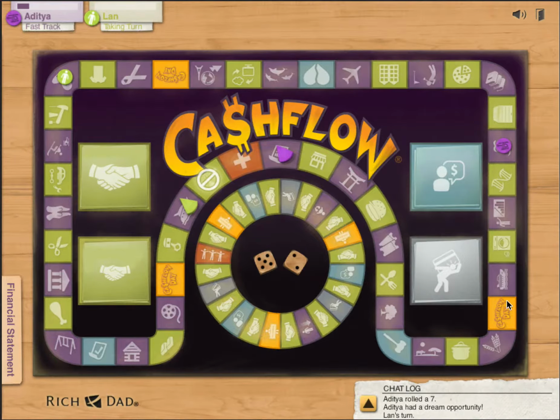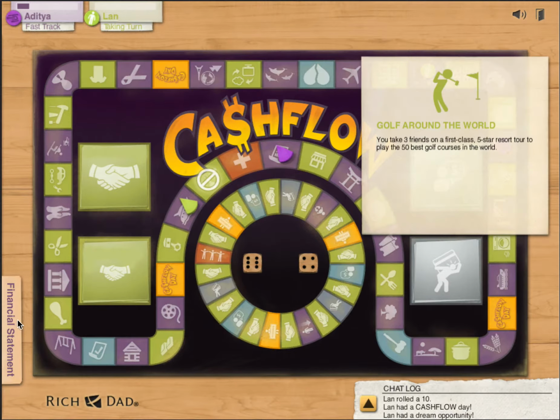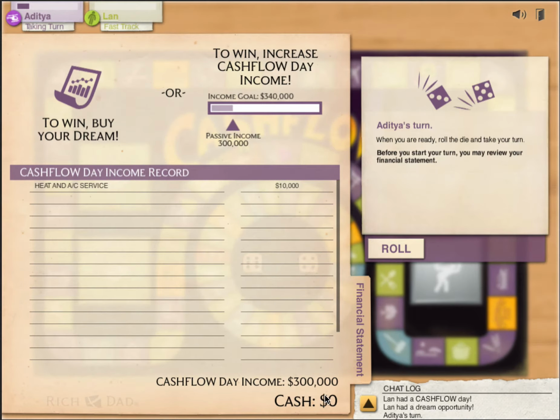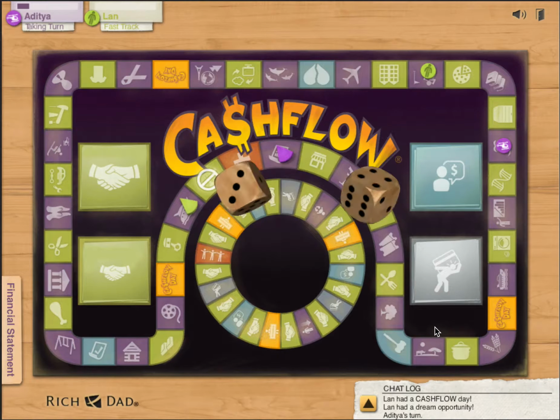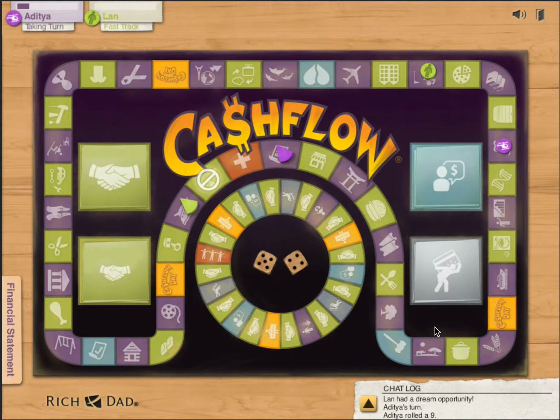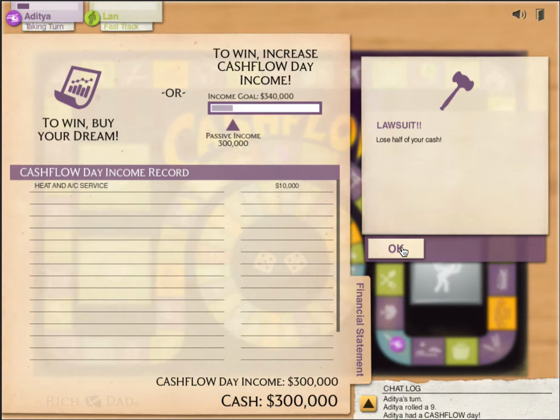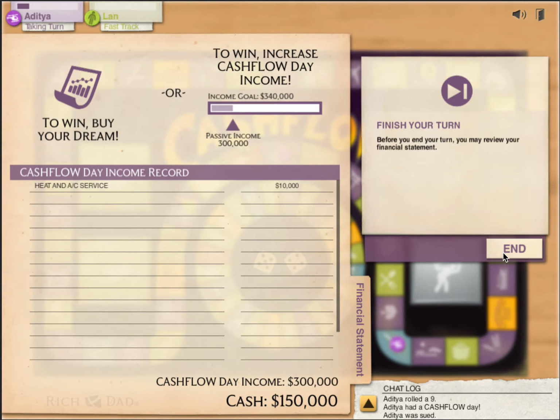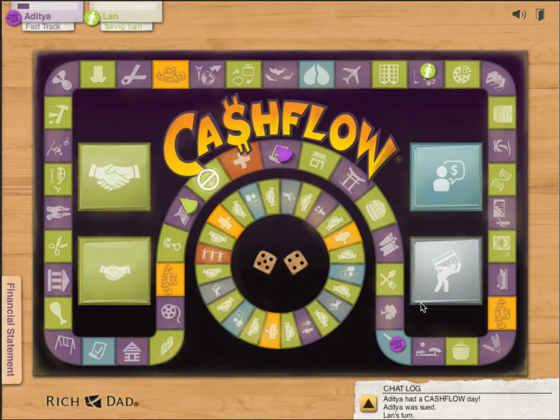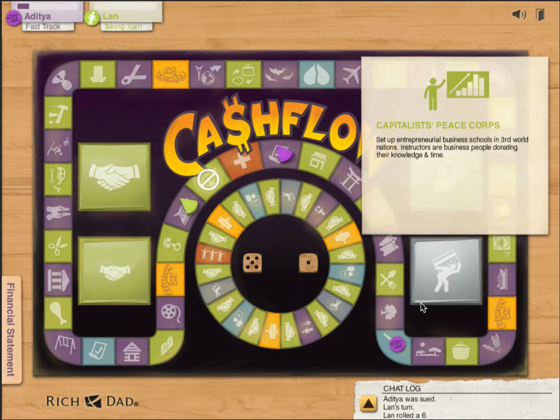This will give us 300,000 again, since that's our cash flow day income. Alright, so now we got our 300,000 and we lose half of that, so we're at 150. Okay. Yeah, not good.